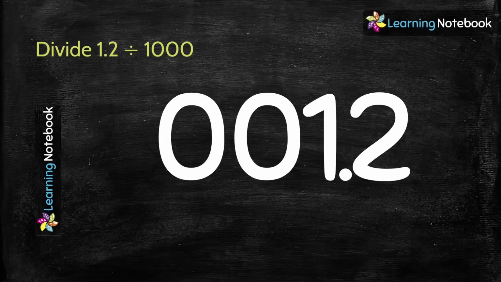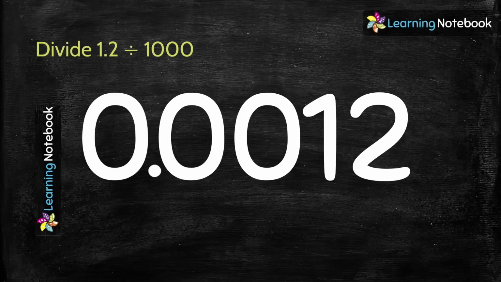Now students, if you see carefully, the number is still 1.2. So now let's move the decimal point to the left by 3 places. So we have got the answer as 0.0012. So this is how we can do the division of decimal numbers by 10, 100 or 1000 without long division method.